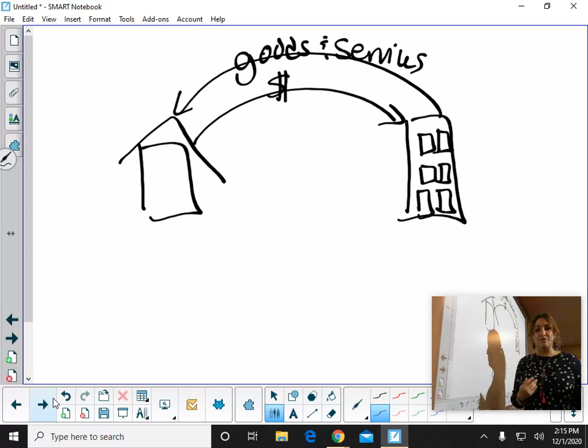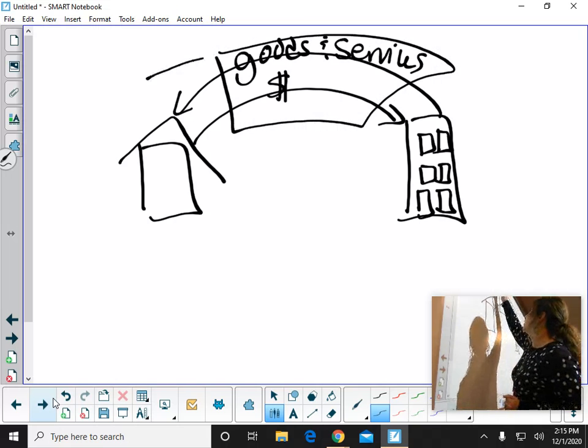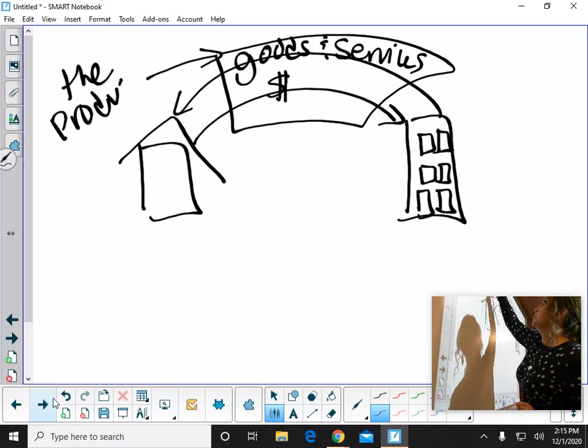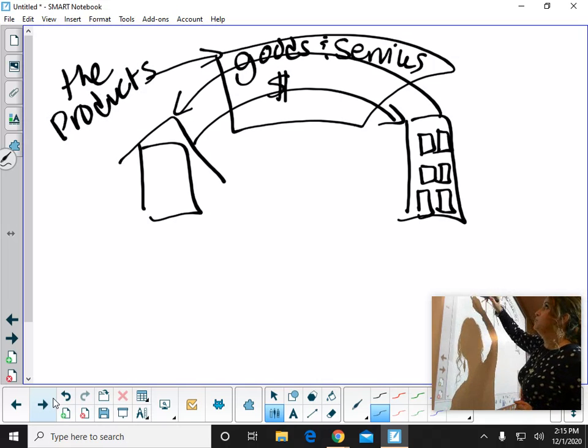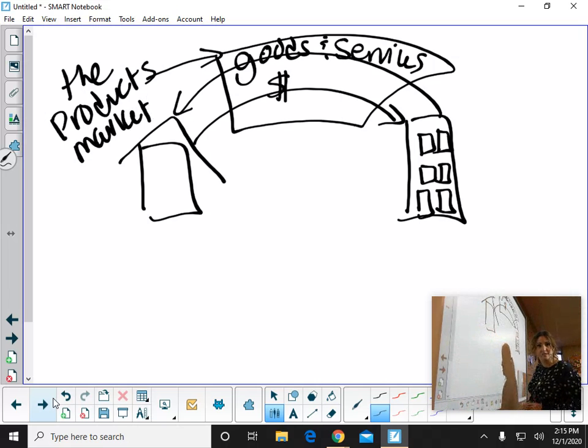This transaction for money, for goods and services, is called the product market, because that's what households are buying. The product market. They're buying products, they're buying goods and services. So think of this as like aggregate demand. The money being spent for goods and services are C, consumer spending.